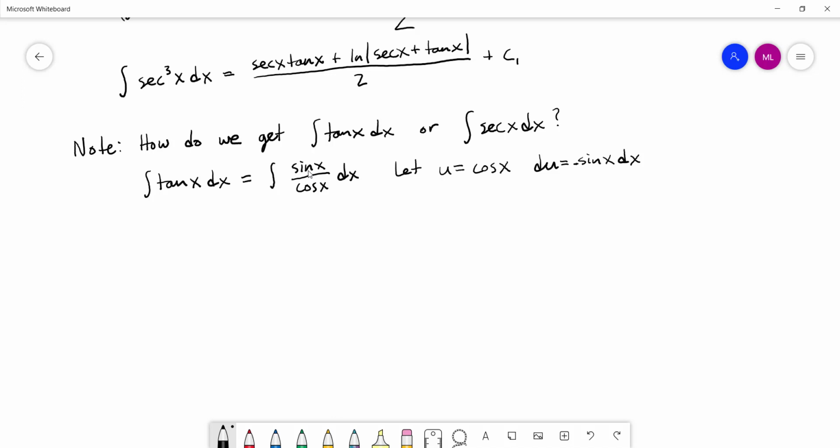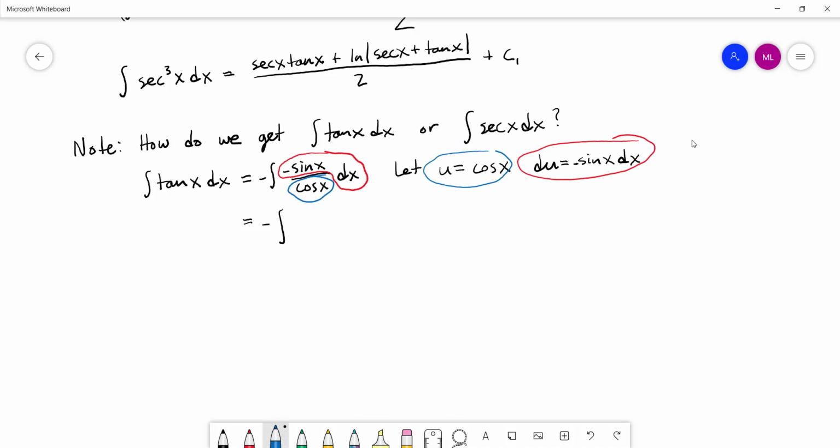Once I've picked this, what we wind up being able to do is rewrite this. So again, here's my u, here's its derivative. The derivative of cosine is negative sine. And what I've got is, if I put in a negative sign here and a negative sign here, I now have the negative integral of that piece, which is my du, over that piece, which is my u.